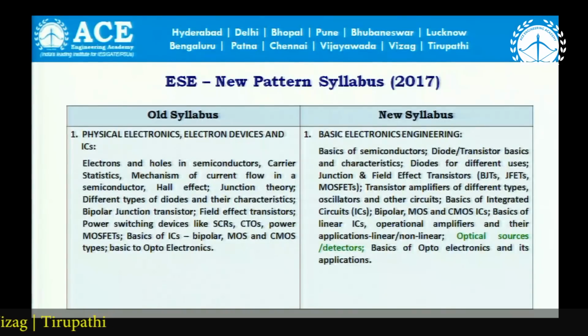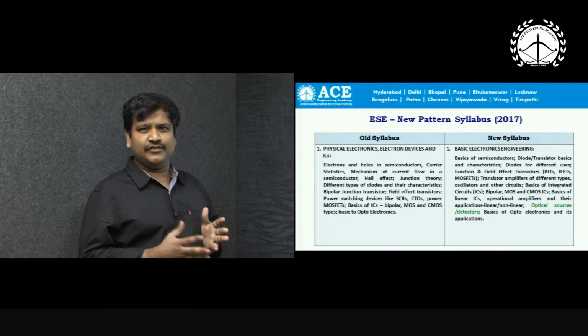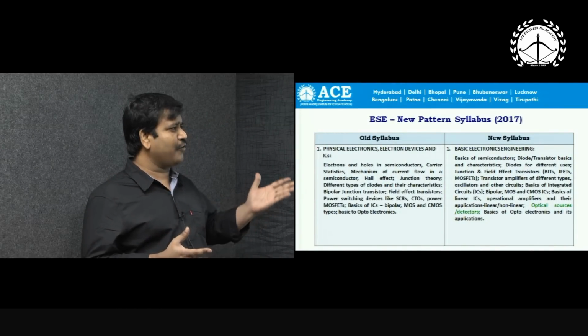If you see the old syllabus, it's very clear about the mechanics of current flow, the Hall effect, and the junction theory in physical electronics. But all of them, and even more than that, is just included in one single sentence called Basics of Electronics. So you can think that the examiner is quite hasty here.